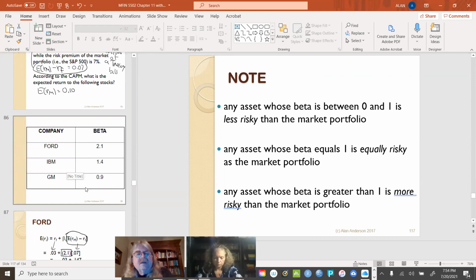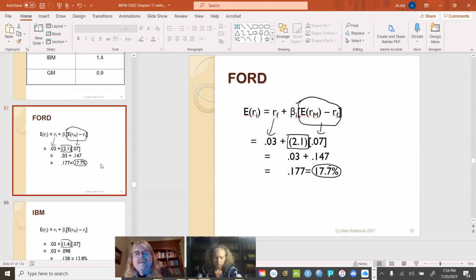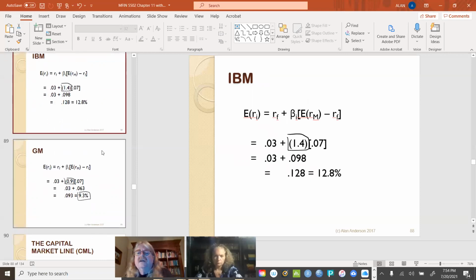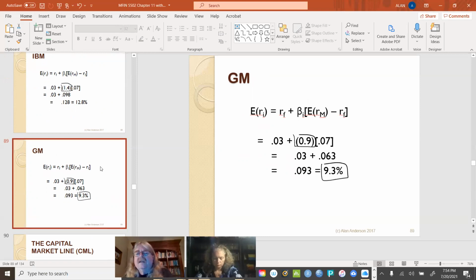Ford, with such a high beta, is earning more than the market return of 10. IBM with a high beta, still not quite as high, has a return still greater than the market portfolio. And then finally with General Motors, whose beta is less than 1, the return is less than the market return of 10%.